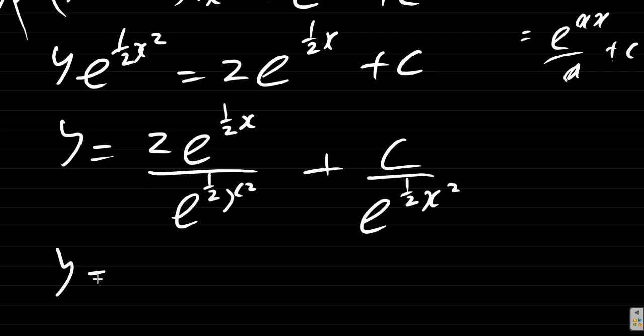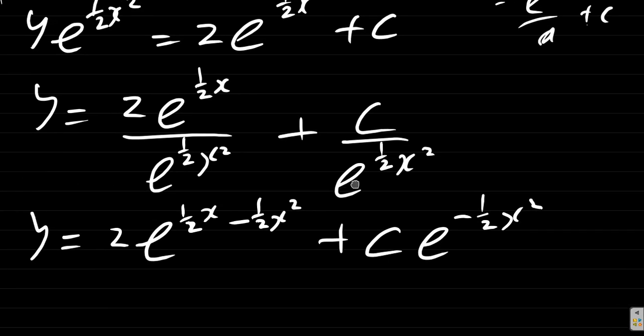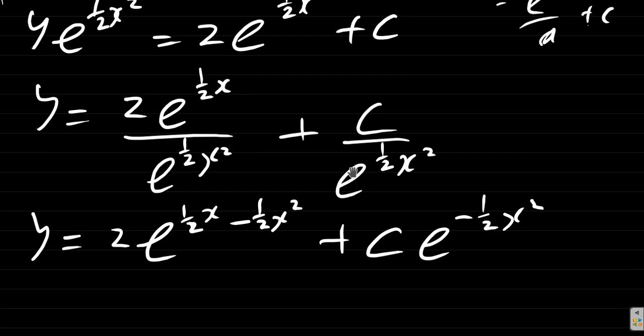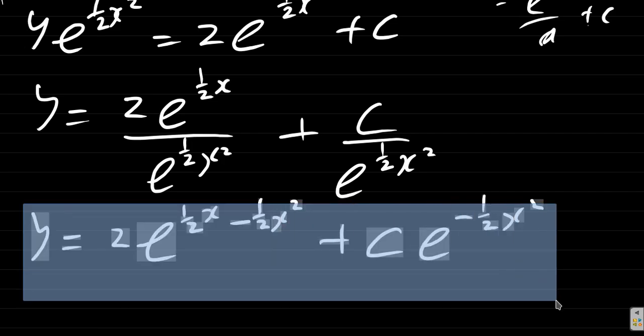Now this is going to be y equals 2 e to the half x minus half x squared plus c e to the negative half x squared. Alright, so let's copy it and bring it somewhere else and simplify it because we run out of scrolling space there.